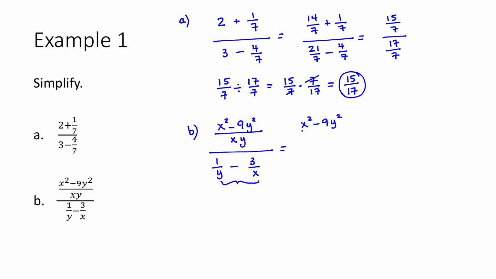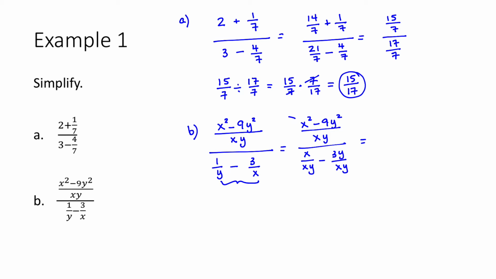I'm just going to copy over the numerator because that's all set. And the common denominator is going to be x times y, so I get x over xy minus 3y over xy. And now I can combine those together into one fraction.